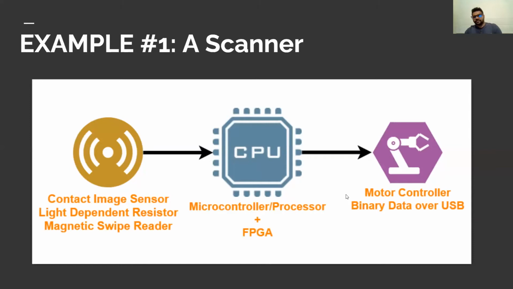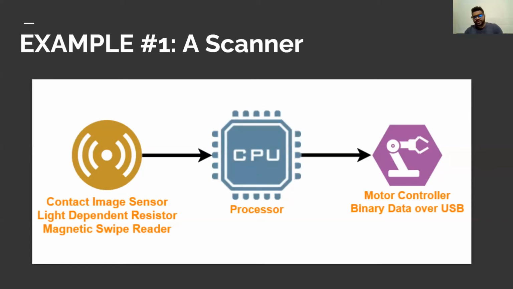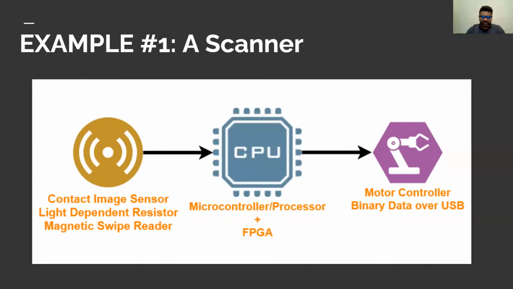With this in mind, when we approached the design, it was realized that we cannot achieve the data rate that we required from the contact image sensor all the way to the PC. Because of that, FPGAs, or field programmable gate arrays, were used. There were different types of devices.